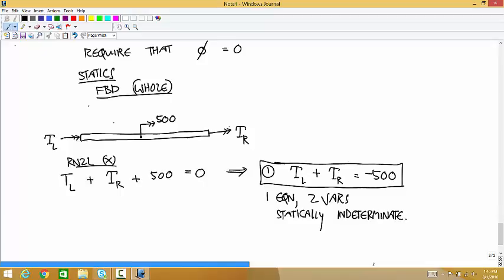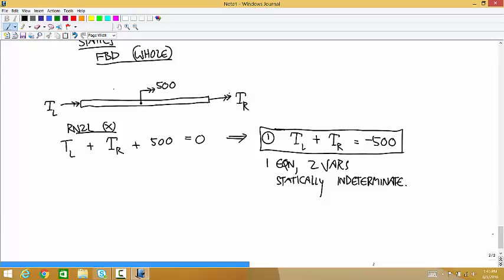So now we're going to use that geometric constraint equation that has to do with how the material deforms. Well, what we need is an expression for the total angle of twist of the beam.